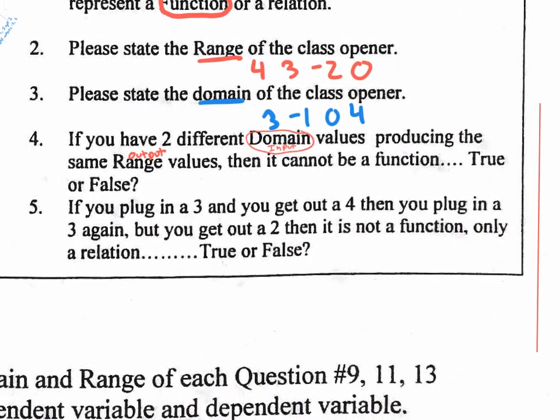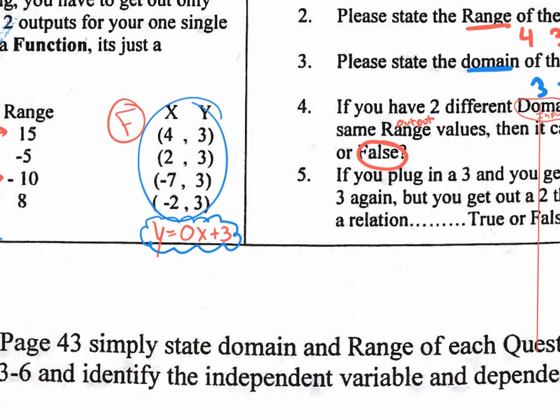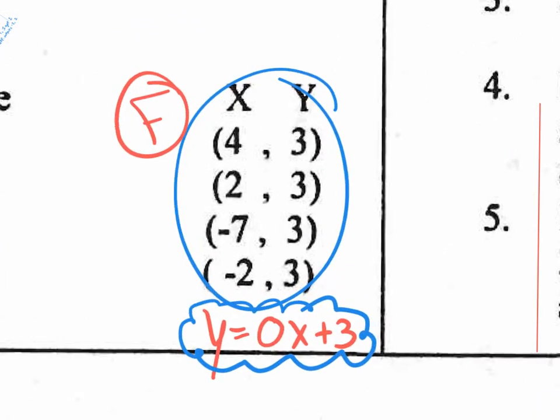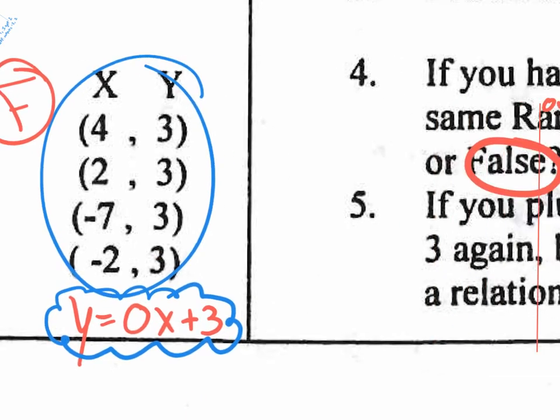What do you guys say, true or false? That is false. As you could see on this example, we had different domain values giving us the same range value. So it could be a function.